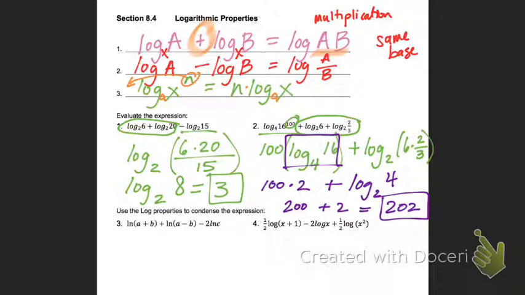All right, now I'm going to do what we call condensing and expanding. Condensing means I've got them now all separated, and I want to put them together into one log function. So I'm really just looking at the pluses and the minuses.